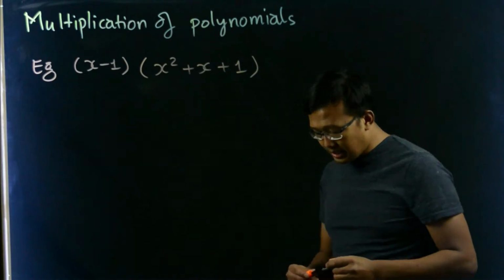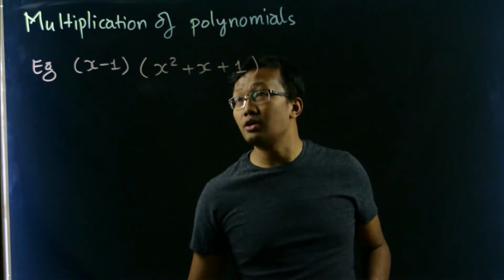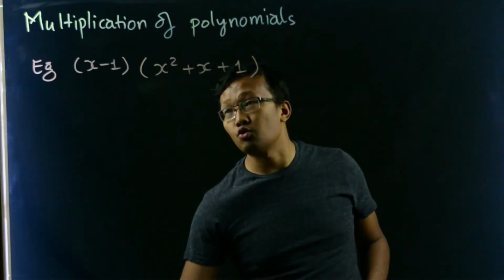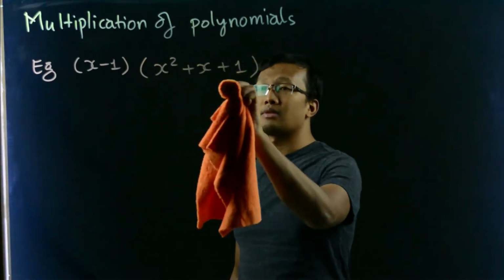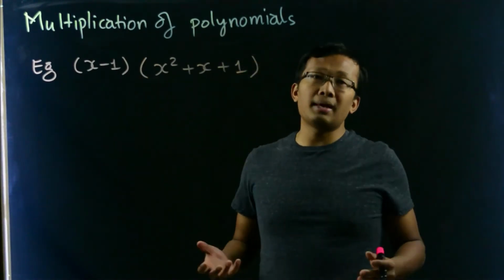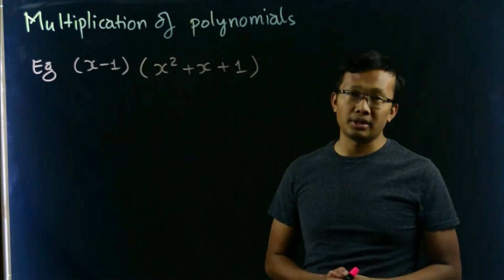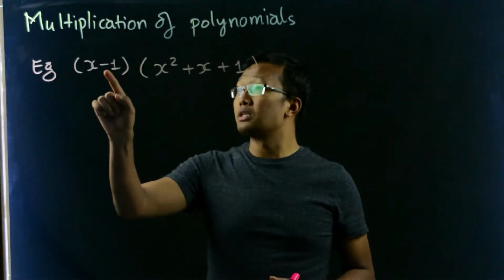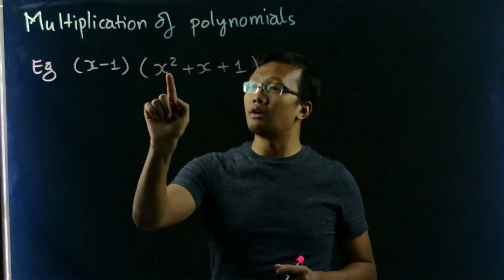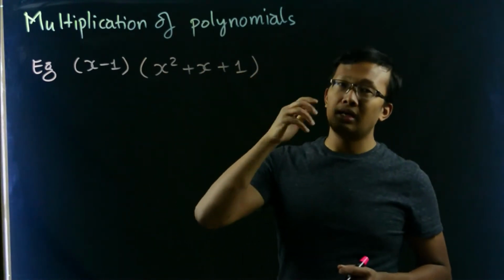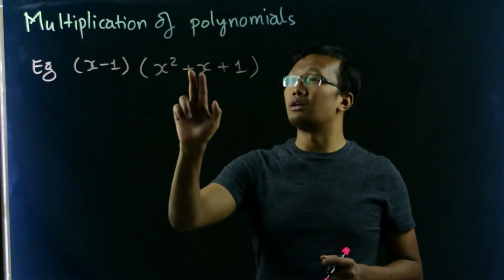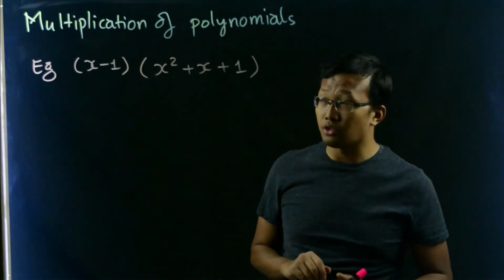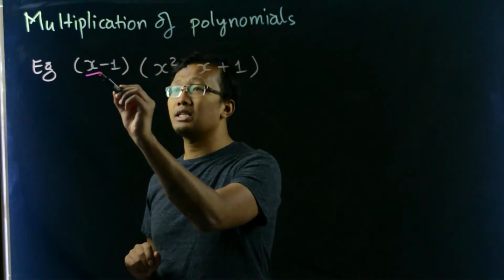Let us multiply this trinomial x squared plus x plus 1 by a binomial x minus 1. Here again we'll use the same method, the distributive property, which is we will first multiply x with all of these three terms, and then we will multiply negative 1 with all of these three terms. Let's go for it. First start with x.